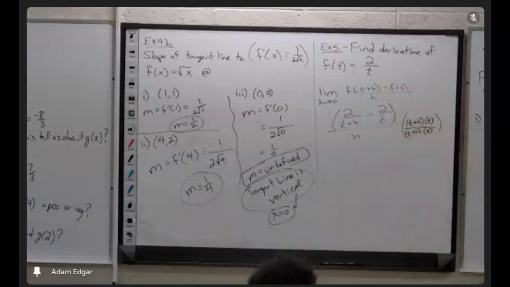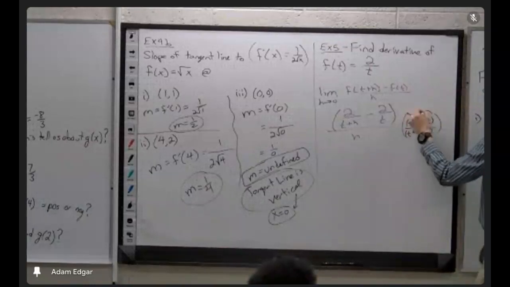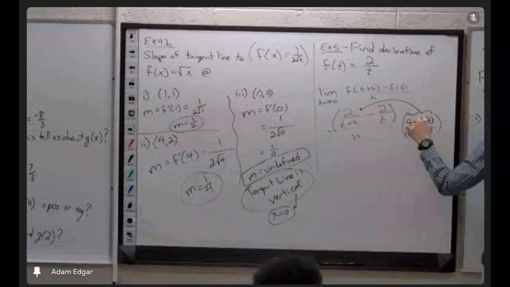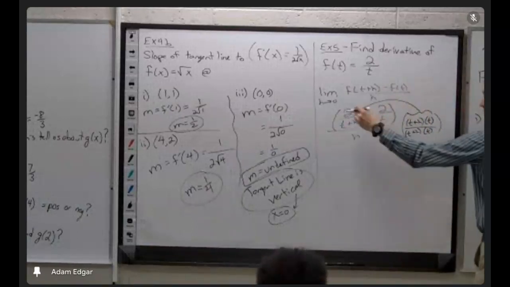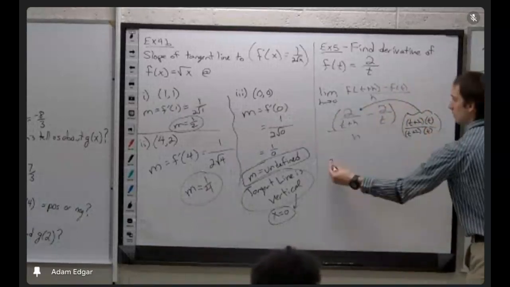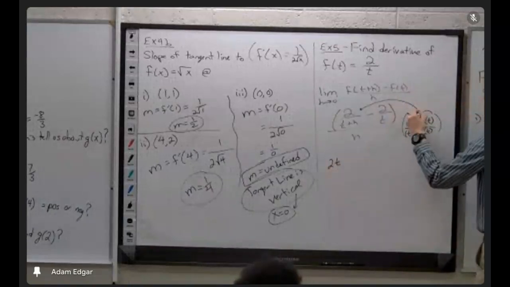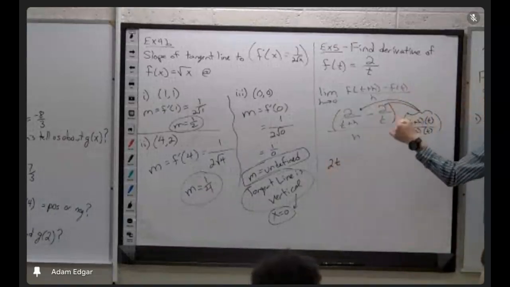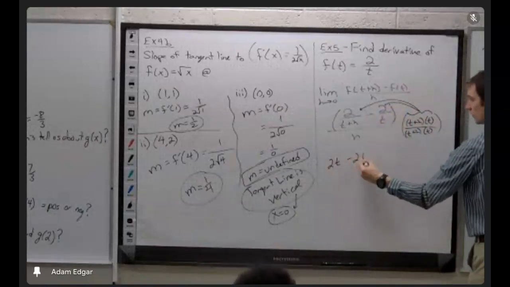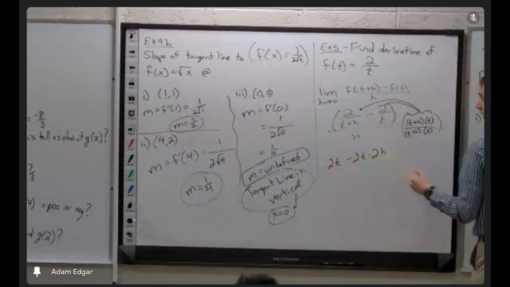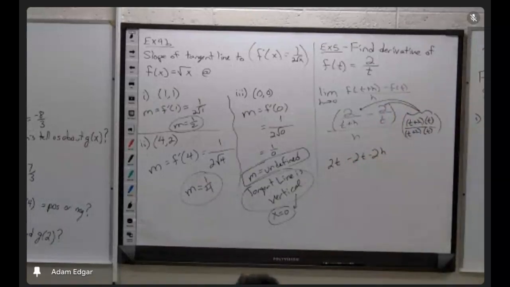And when you distribute this whole thing through the numerator, the t plus h cancels the t plus h in the first fraction, and you're left with 2 times t. And when you distribute to the second fraction, the t cancels out the t, and you're left with t plus h times negative 2. And just be careful that you distribute the negative as well as the 2 through the t plus h. All right?